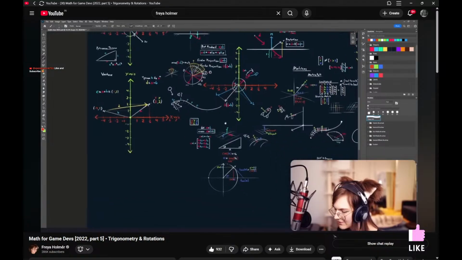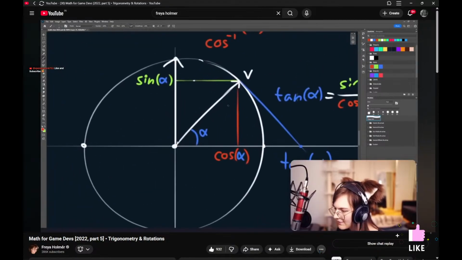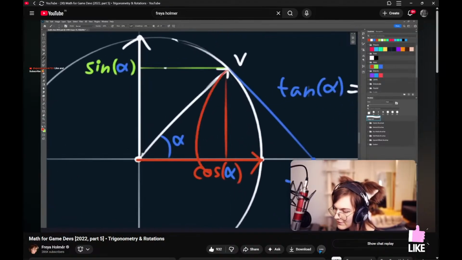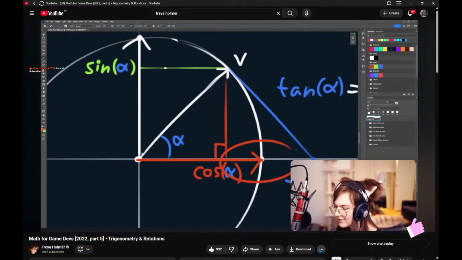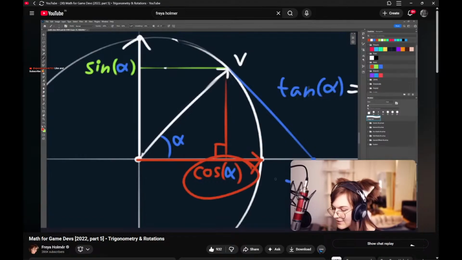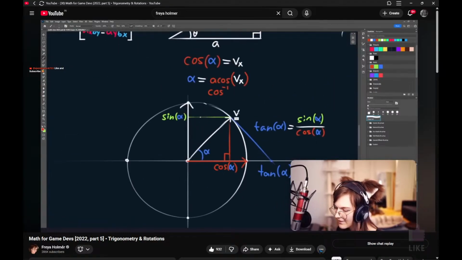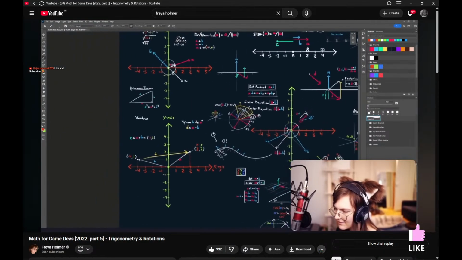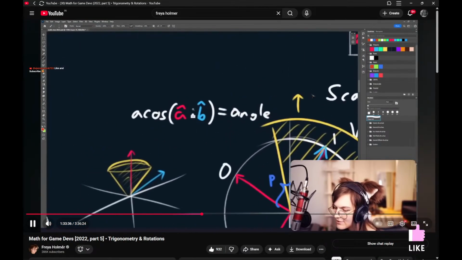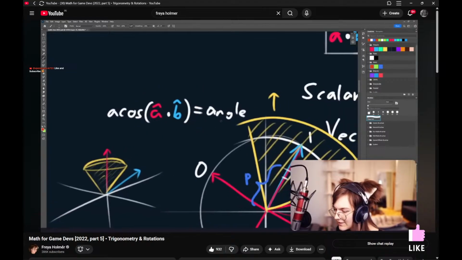If we go back to our trigonometry here, those two vectors are the vector v and the x-axis. And so what you're looking at here is the dot product, right? We're projecting v onto the x-axis, and that is the cosine of alpha. And so if we do the arc cosine of the dot product between the two vectors, we get the shortest angle between those two vectors.